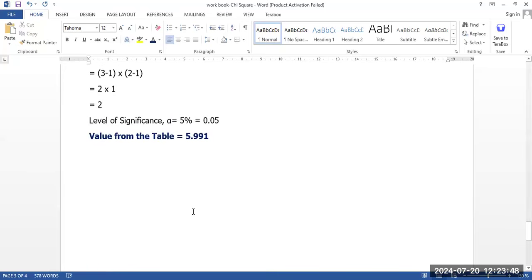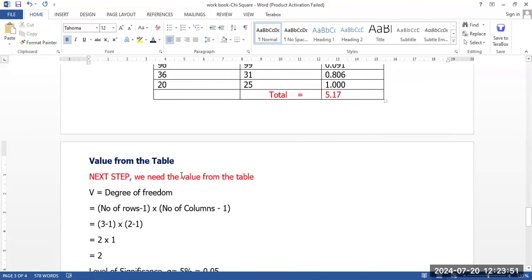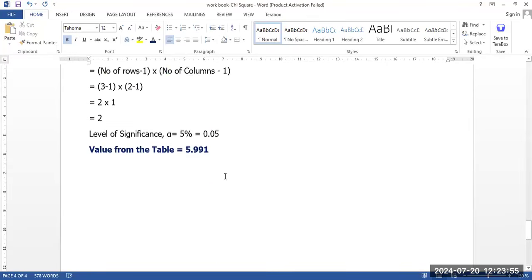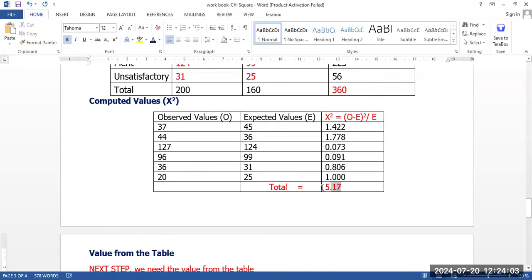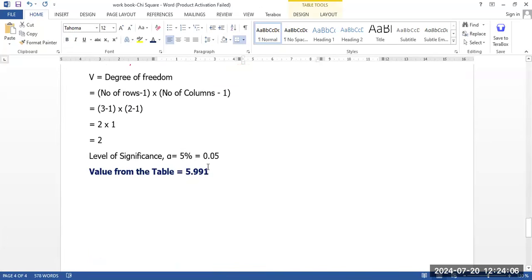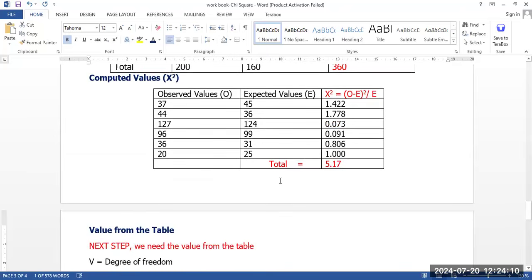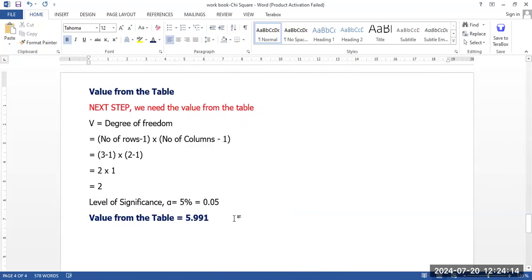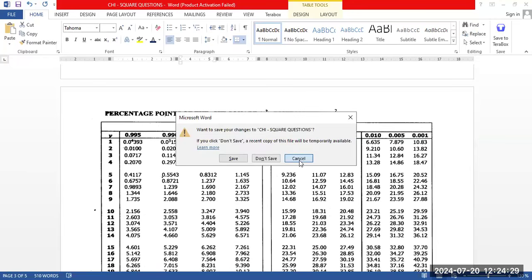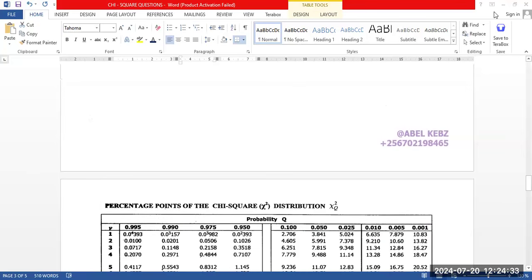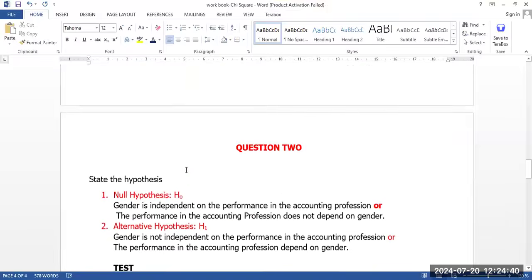So we have the value from the table, we have the computed value. So the question is, are we accepting the null or accepting the alternative? Remember our conditions.